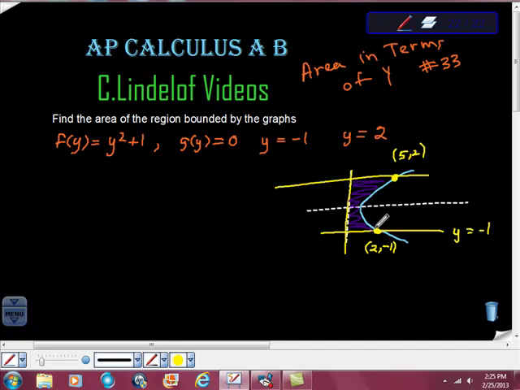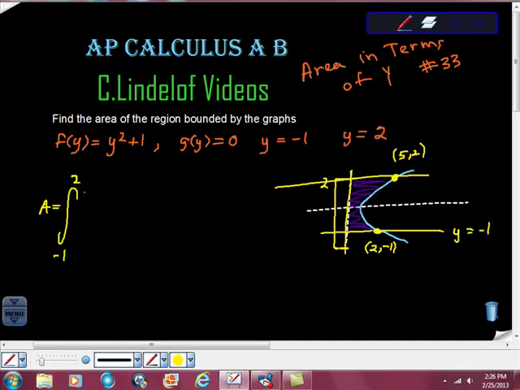So now I'm looking at this thing this way. I wish I could turn this. I'm looking at this as if this was the x-axis and as if this was the y-axis right here. So I'm going to look at this thing as a function of y. The area is equal to the definite integral from negative 1, from here, up to 2.